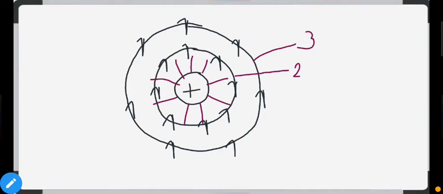Our outer shell will be the third, or principal quantum number 3, and the inner shell will be 2, the second principal quantum number. When we have comparatively less positive charge in the nucleus, that means lower atomic number atoms, we have comparatively fewer protons, that means less positive charge inside the nucleus.